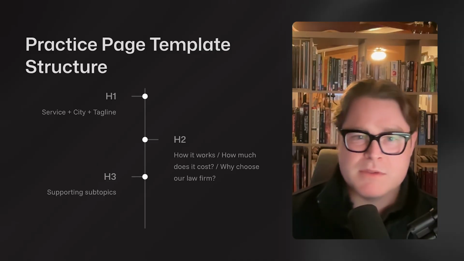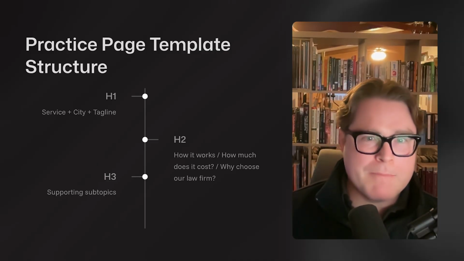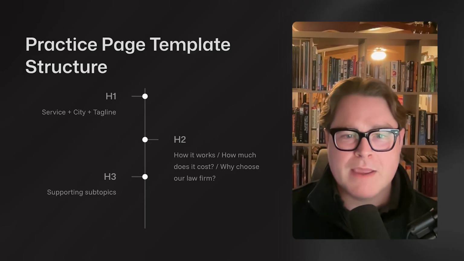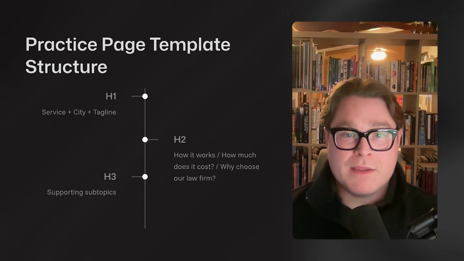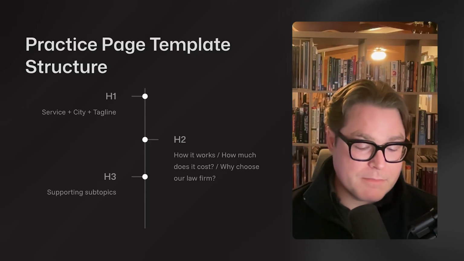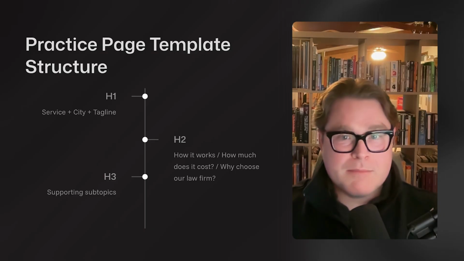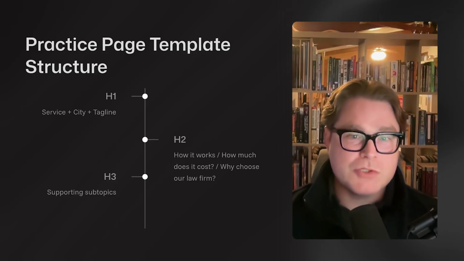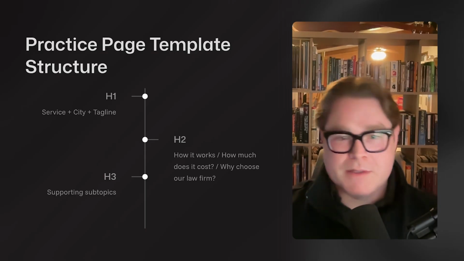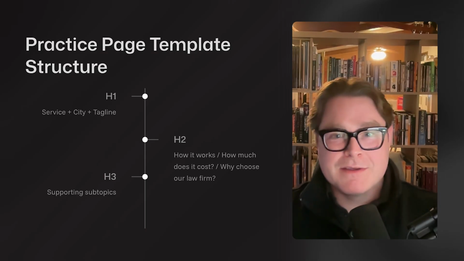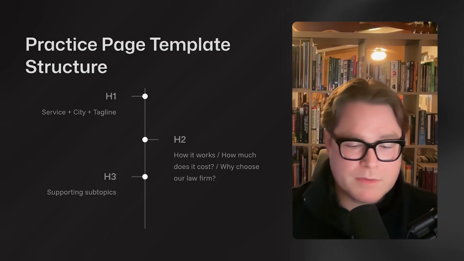So what I want to do is think about, okay, well, my practice pages are going to follow a format naturally that supports an H1 that has maybe the service plus city plus tagline. H2s that have how it works, how much does it cost, supporting topic, subtopic, why choose the law firm.